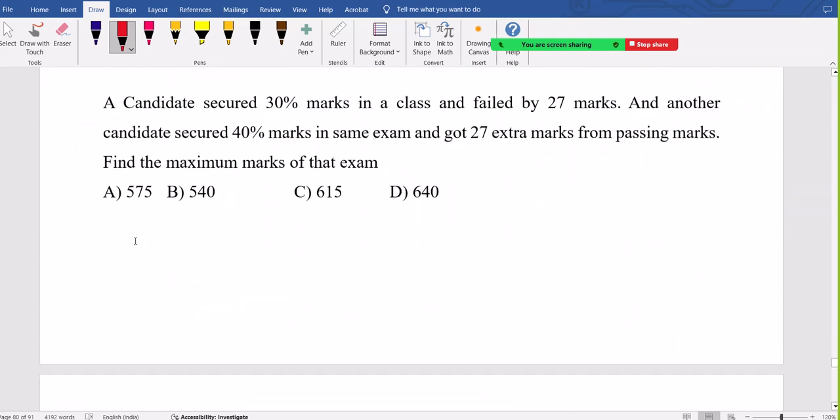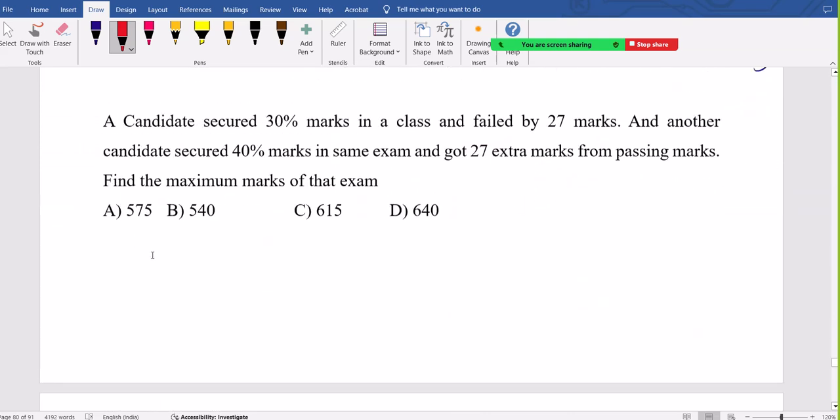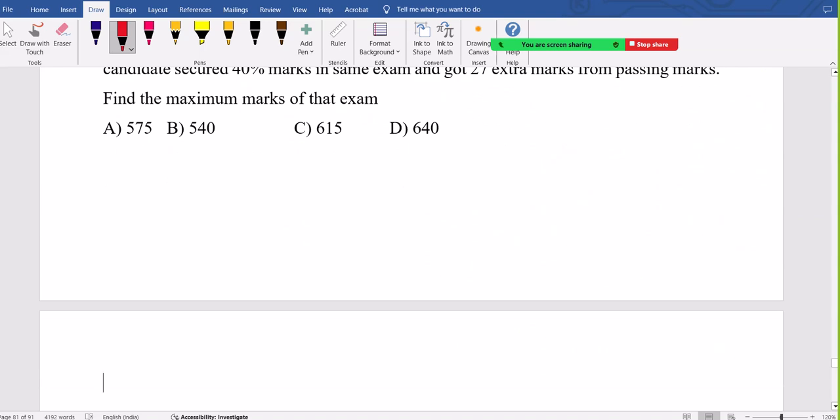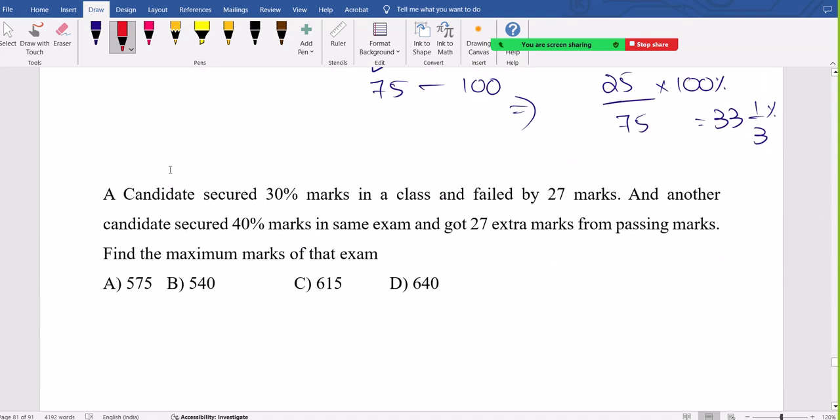And with one question, we can stop the discussion, right? And one question pending previously. With that, I will stop. A candidate secured 30% marks in a class and failed by 27. So 30% of maximum is pass minus 27. Your P stands for pass marks. You fail by 27 means you got 27 marks less than the pass marks.